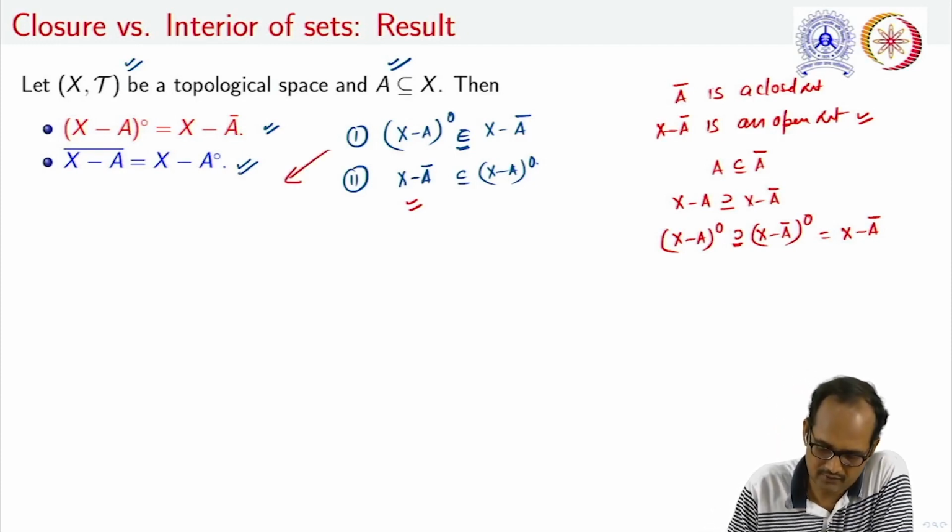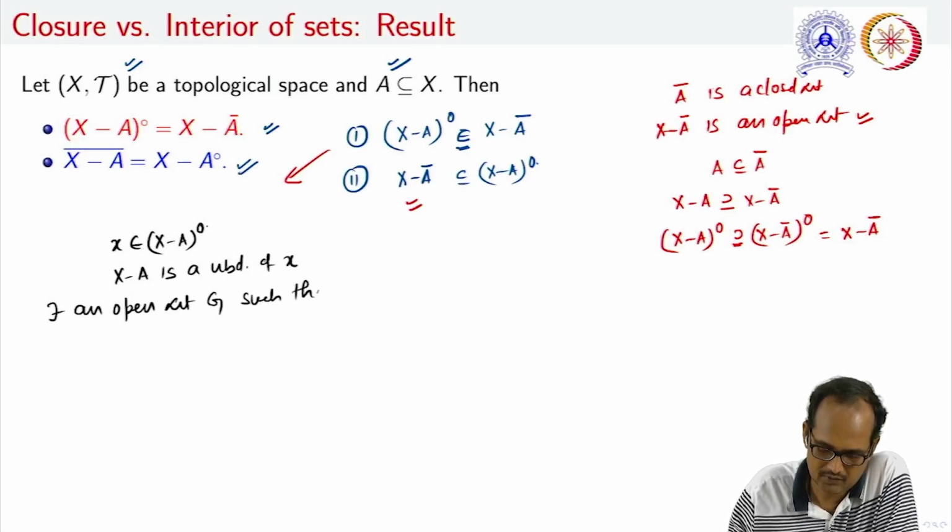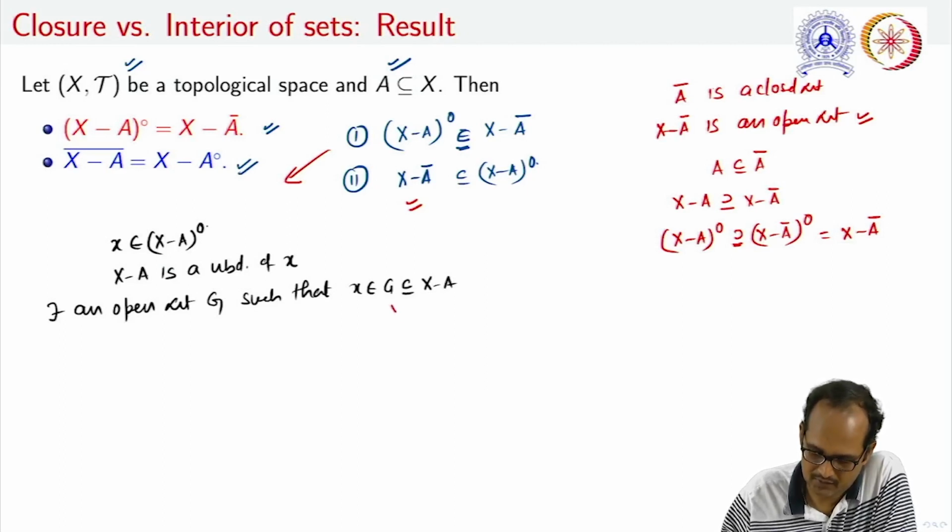Now, in order to justify the first one, let us take an element x of the interior of X minus A. The meaning is that X minus A is a neighborhood of x, and therefore there exists an open set G such that x belongs to G, which is a subset of X minus A. Note that this G is contained in A complement, meaning we can say that G intersection A will be an empty set.